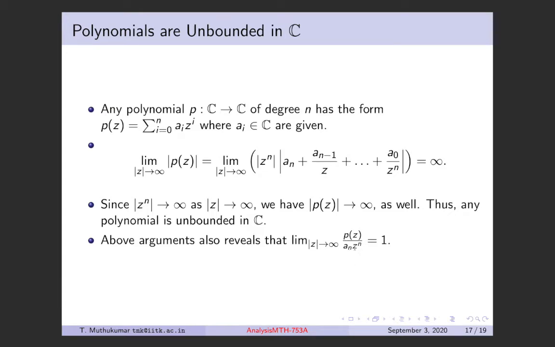So the denominator here goes to infinity, and the fact that polynomials are unbounded means that this ratio is actually 1, right? Which means both go to infinity. They cancel out each other. They go at the same rate. Okay, so this is the fact about polynomials being unbounded.